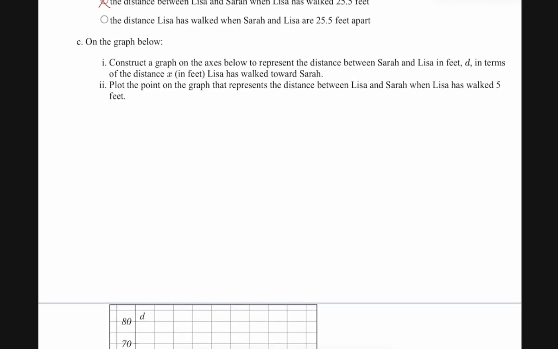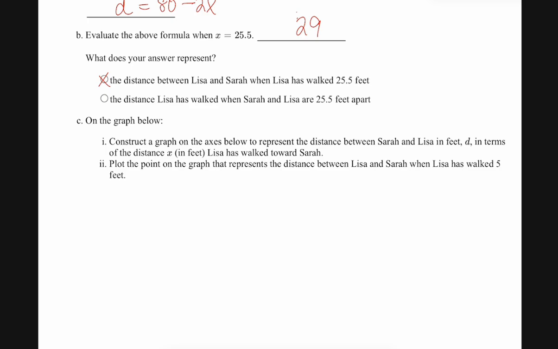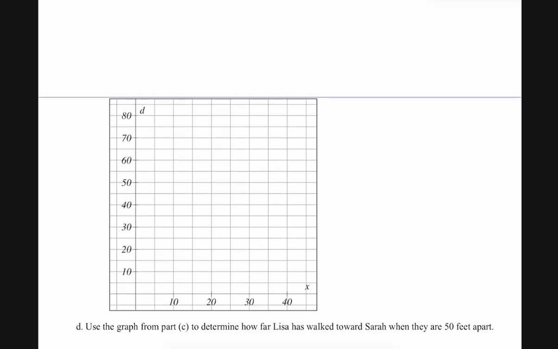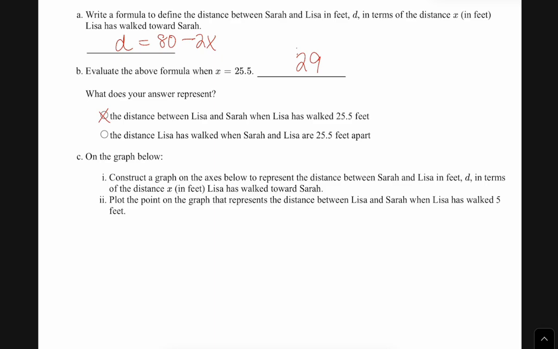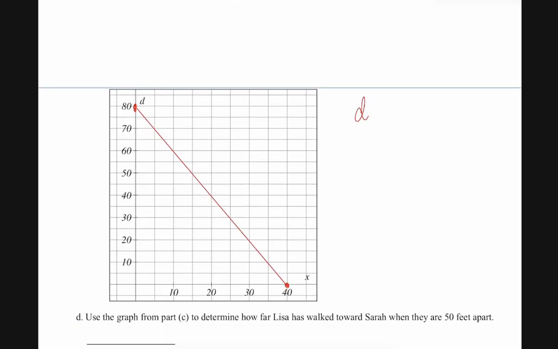And then on the graph below, construct a graph on the axes below to represent the distance between them. Okay. And then plot the point on the graph where they have walked 5 feet. So they each start at 80 and eventually will get to 0. And it's going to look something like that. So first put on the graph. That's what they've asked you to construct a graph. We are using 80 minus 2x, or 80 minus 2t.